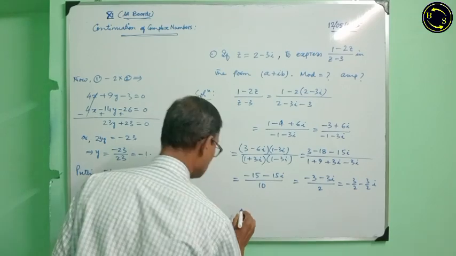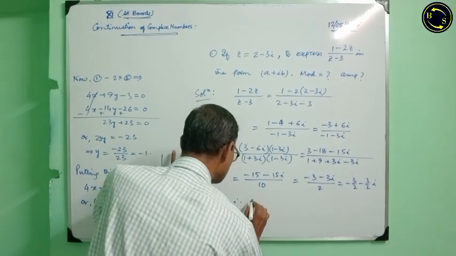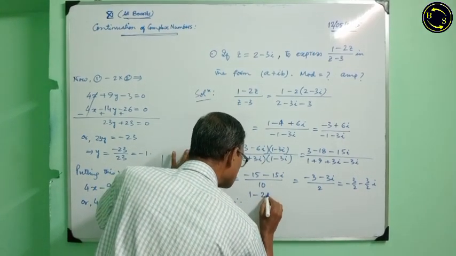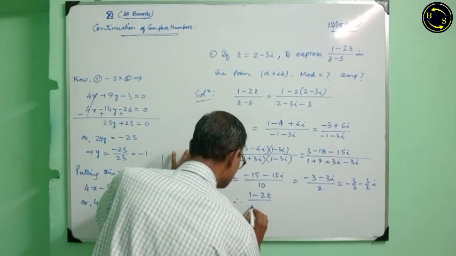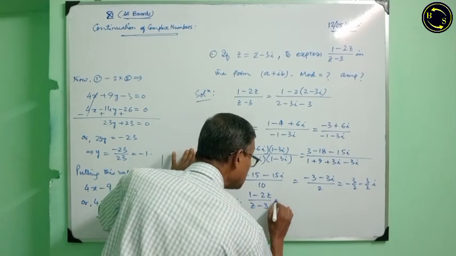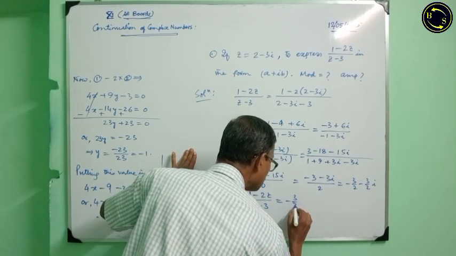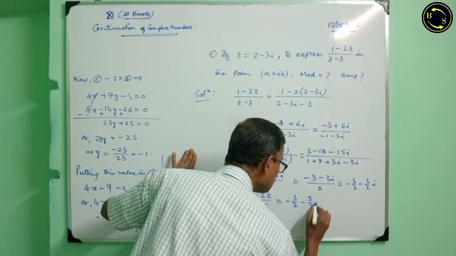I write the final form like this: 1 minus 2z by z minus 3 is equal to minus 3 by 2 minus 3 by 2 into i.